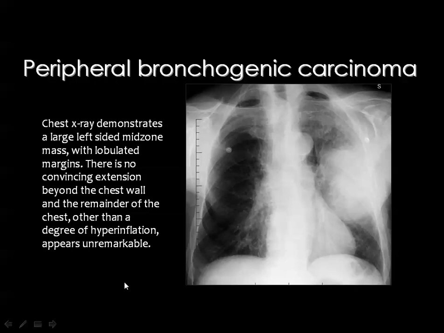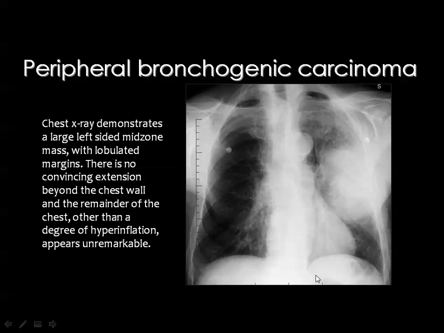Then this is the mass in the left lung, and I have emphasized the importance of diagnosing a mass in the lung of an adult as a bronchogenic carcinoma until proved otherwise, because the differential diagnosis is limited, especially if you see a mass in the lung of an adult.